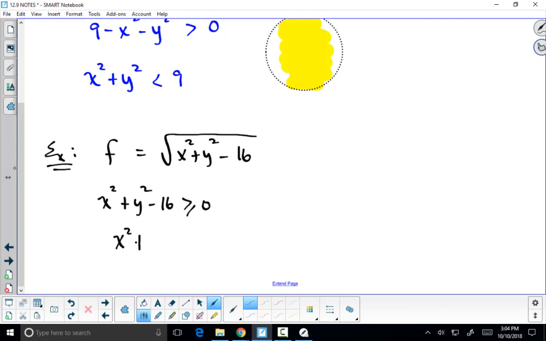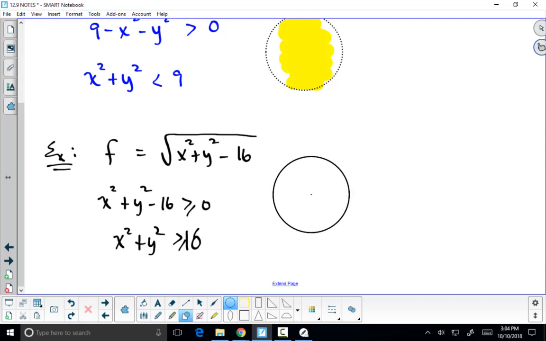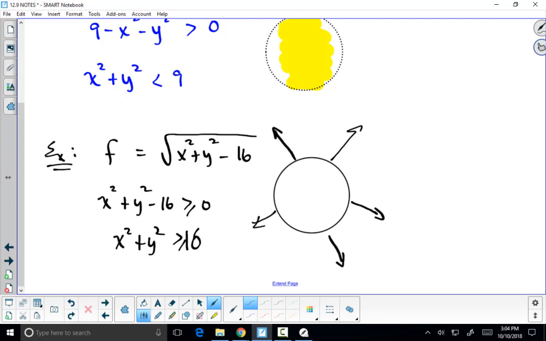So here, you're going to be on or outside the circle of radius 4. So your sketch would include the circle and shade all that stuff out there.